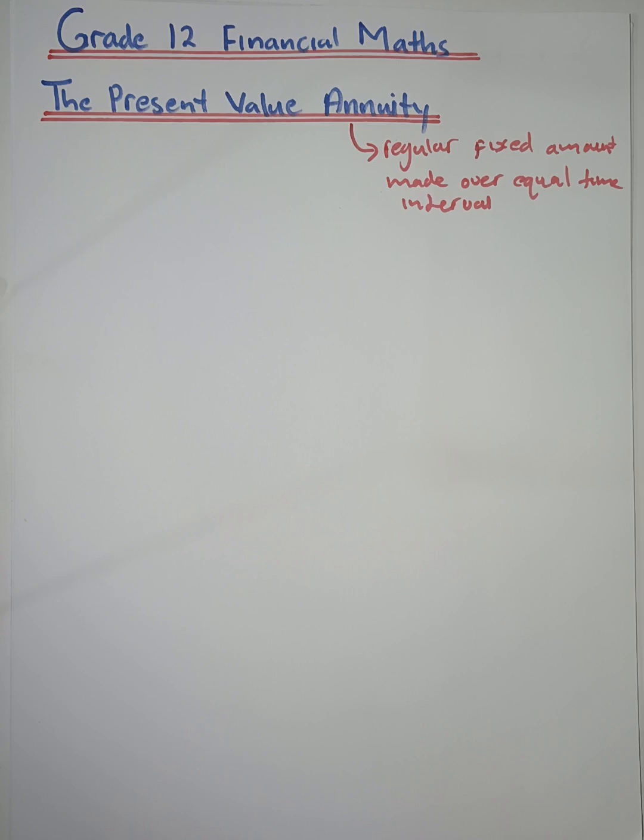Instead of taking all of that money, you would want to get a certain amount every month from that pension. So with the present value annuity, we have that amount right now in the present, not in the future. It could be a loan or a pension payout.